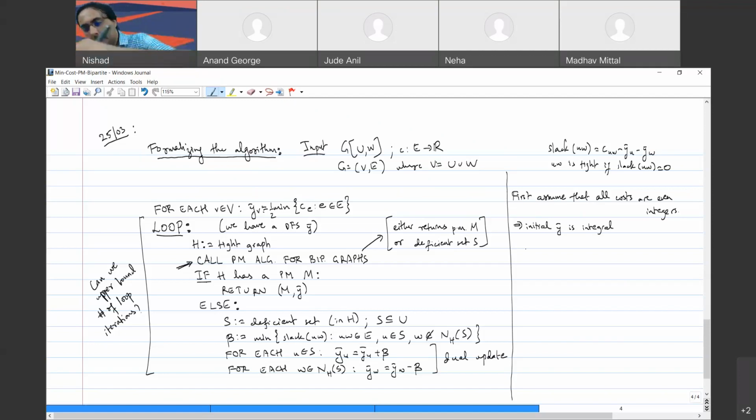And then this implies that all y bars are integral. Okay? And this implies in particular that beta is always an integer. And remember, beta is at least 0, therefore beta must be at least 1.